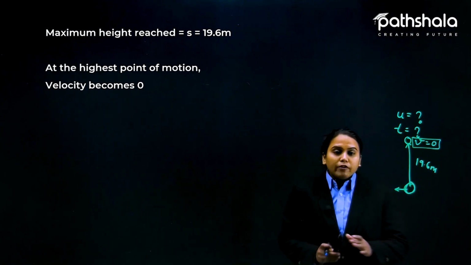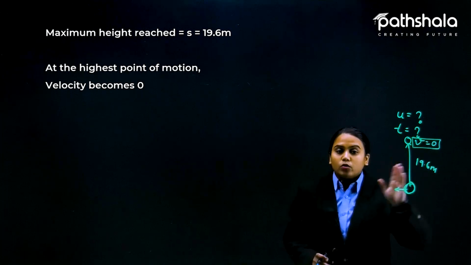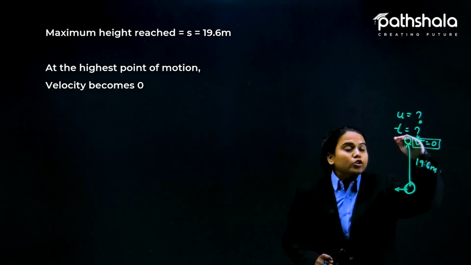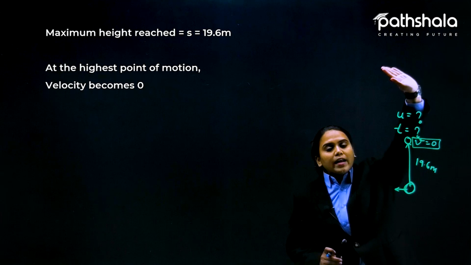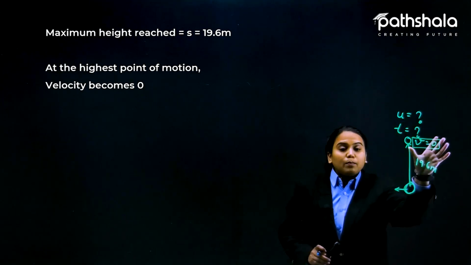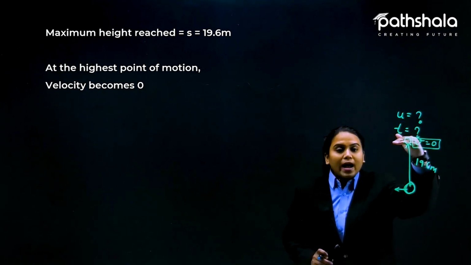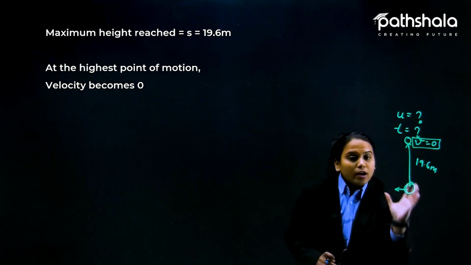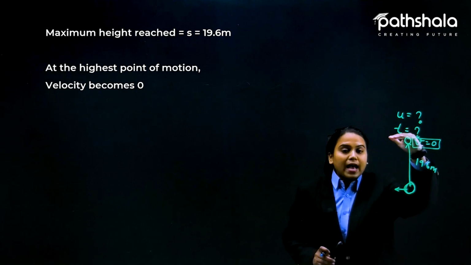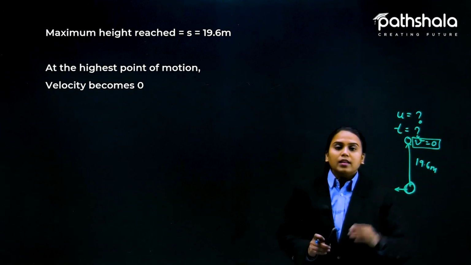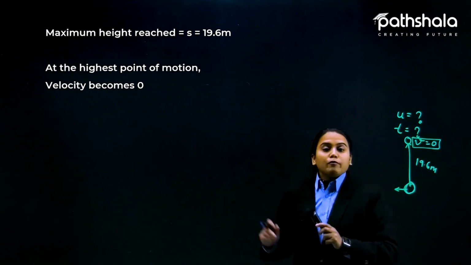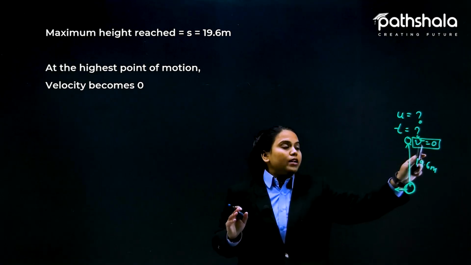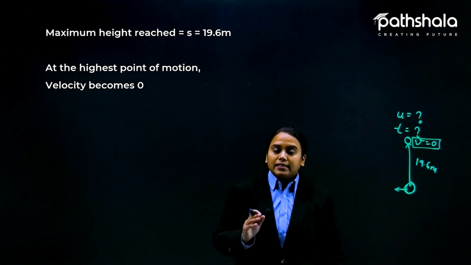Why? Because if it wasn't 0, then it should again be moving in the upward direction. But because it becomes 0 now, it has stopped here, and from there, because of the gravity of the earth, it falls towards the earth. So we can say that the final velocity in this case is 0.